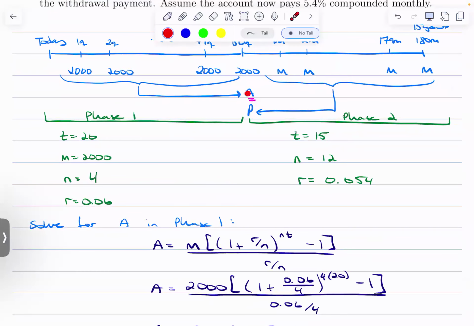So now I have this amount, right? And that's the amount that I'm going to be pulling these M's out of, right? And so now we use that A that we found as our P to solve for M in phase 2.